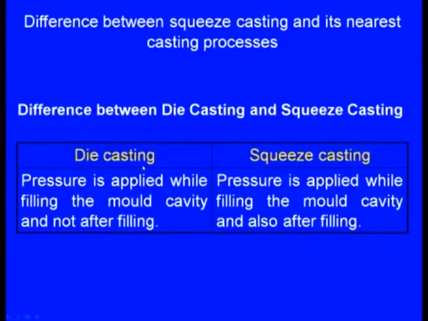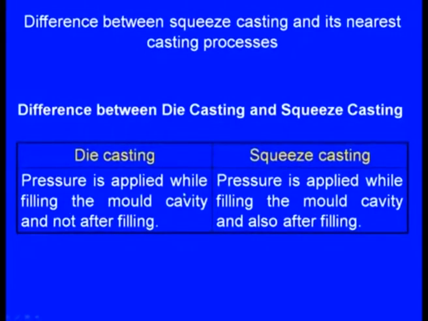First let us see the difference between die casting and squeeze casting. In the case of die casting, pressure is applied while filling the mold cavity and not after filling. Yes, here also we use the metallic mold in die casting, and in squeeze casting also we use the metallic mold, but in die casting pressure is applied only as long as the molten metal is being filled inside the cavity.